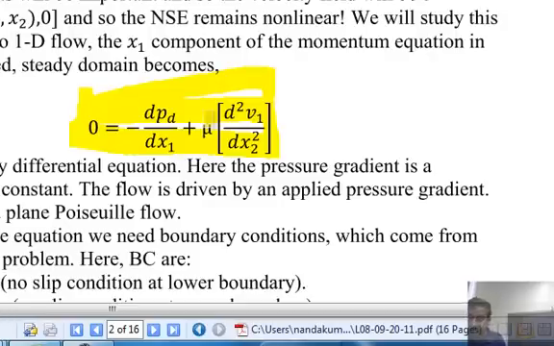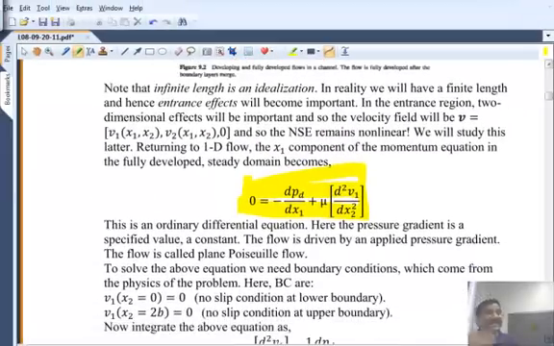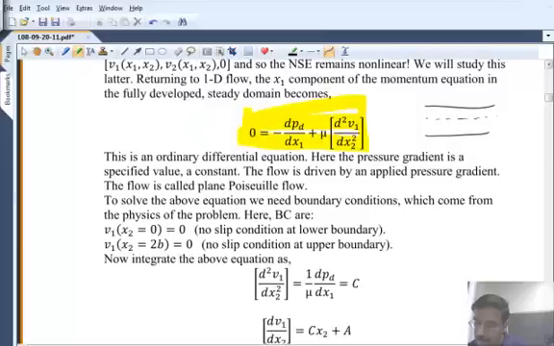Okay. So now I need to specify a set of boundary conditions. I need to isolate the system from the surroundings, and my domain is going from the bottom plate to the top plate. Okay. So here I guess I have labeled the bottom one as 0 and the top one as 2b.